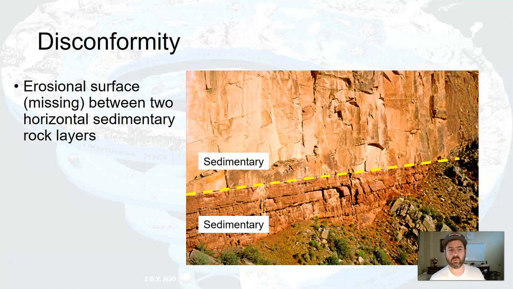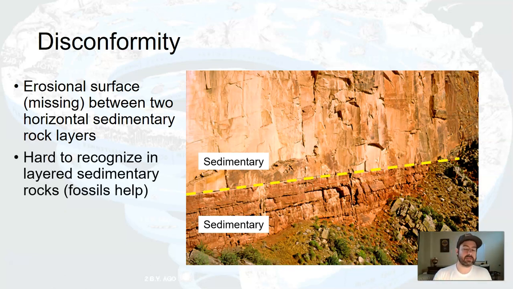Well, how do you know there's a gap in time? How do you know it just wasn't one and then the other? It's hard to recognize. Fossils help. Using the principle of fossil succession, maybe you find some fossils here that are 400 million years old, and here you find fossils that are 300 million years old. Wait a minute. There's a gap of 100 million years missing there.